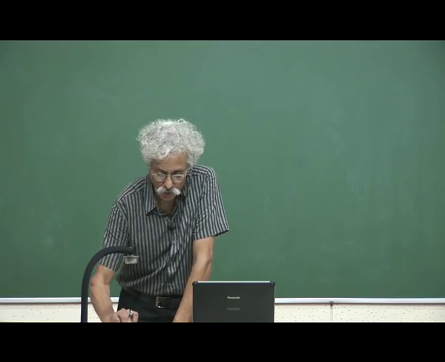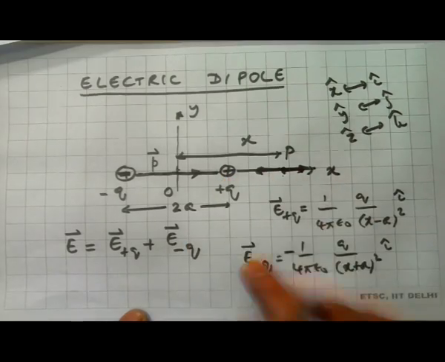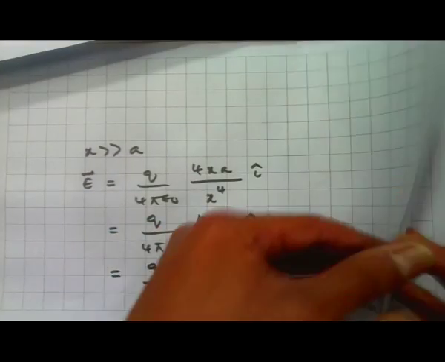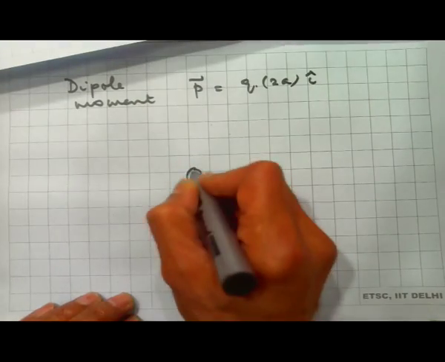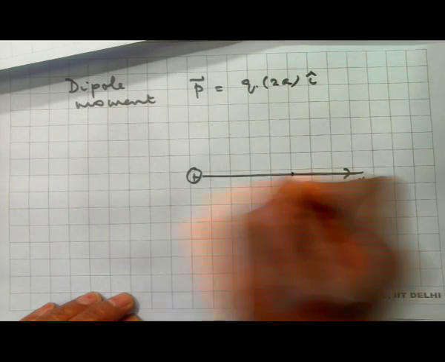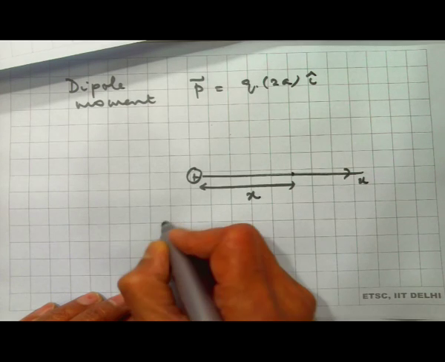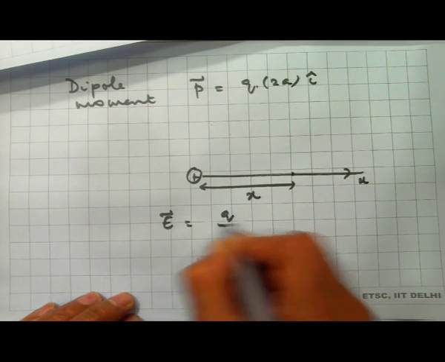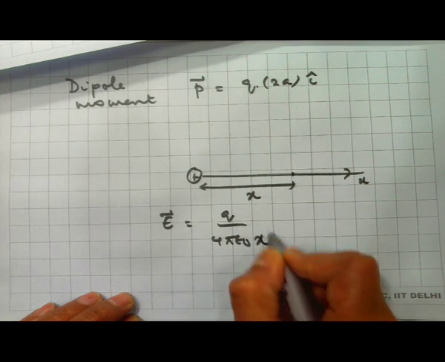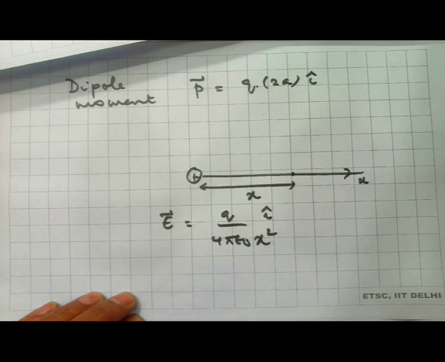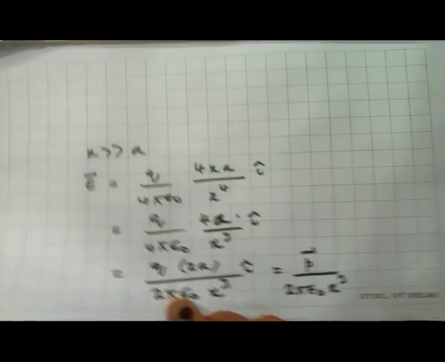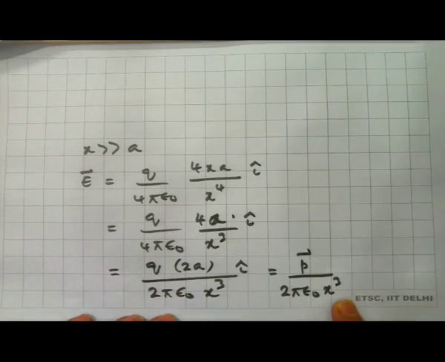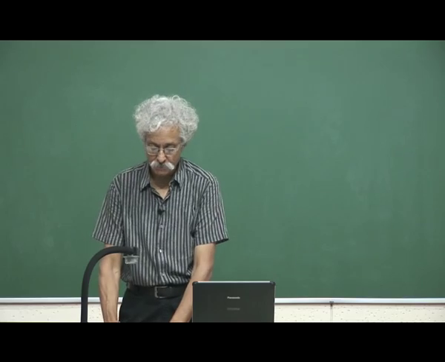If I had only a positive charge and this is the x axis, so if this distance is x, the electric field will decrease as q by 4 pi epsilon 0 x square into I cap. So, the electric field will decrease as x square for a point charge, and it decreases as x cube for a dipole. So, the decrease in the electric field is much faster.